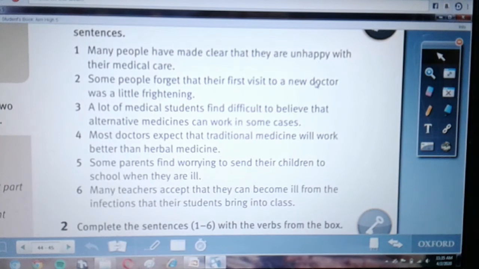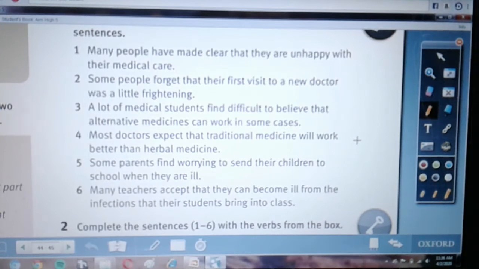I'll give you 5 seconds to think. 1, 2, 3, 4, 5. What do you think? Shall we add it or not? Let's try to add it. Many people have made it clear that they are unhappy with their medical care.